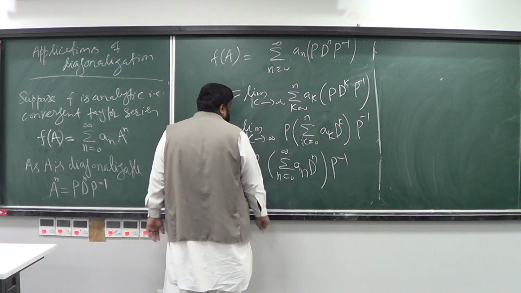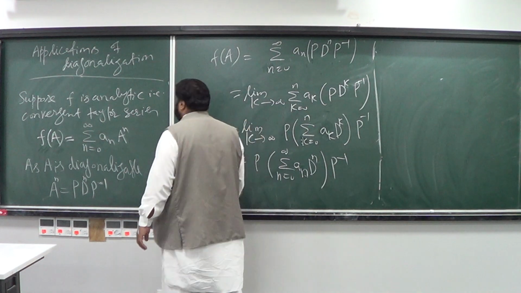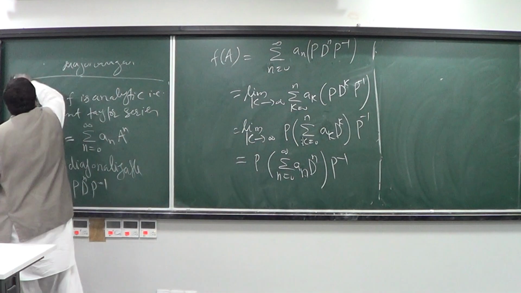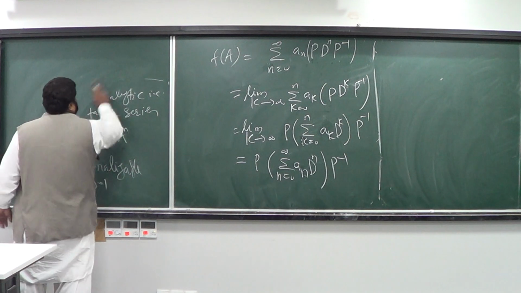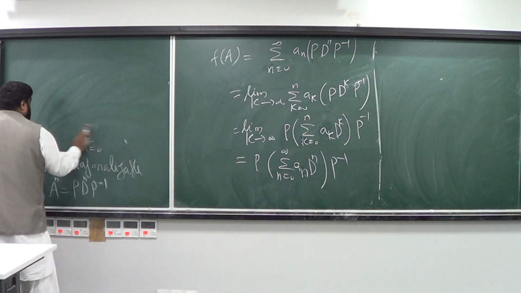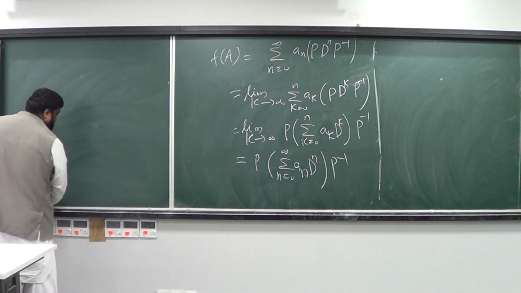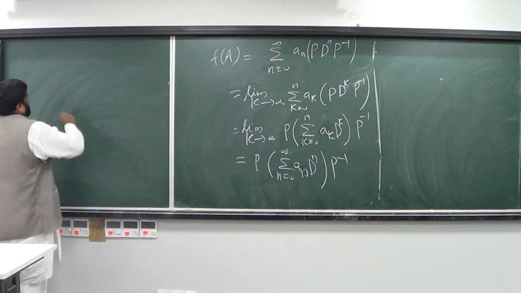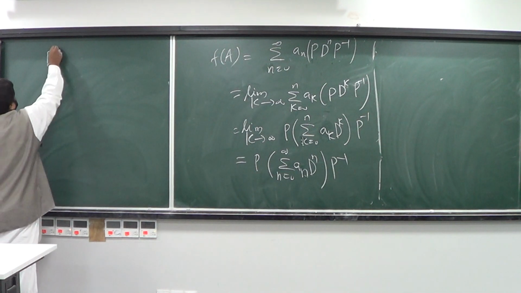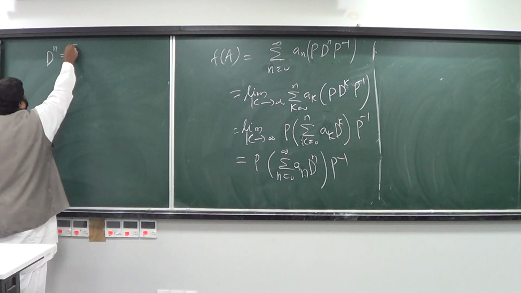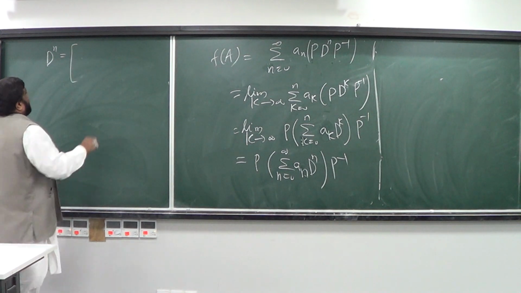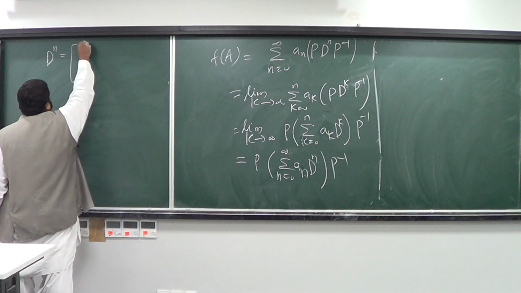Okay. Now what would this be? Let's think about the sum that you have inside the bracket. What is a_n D to the power n? D to the power n involves the eigenvalues. So what is D?